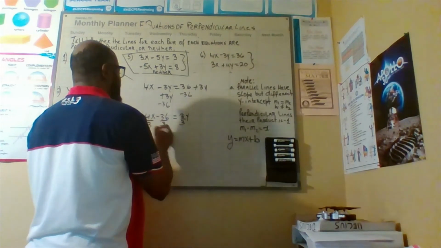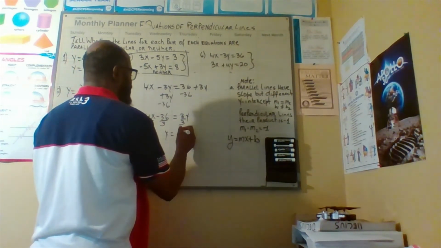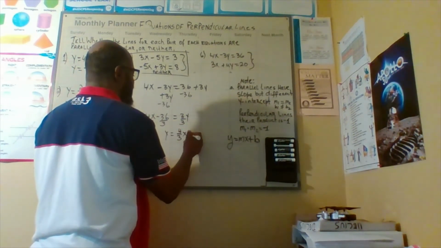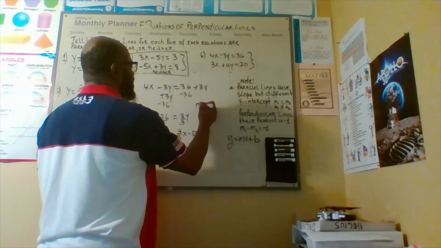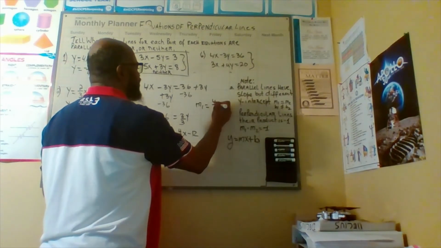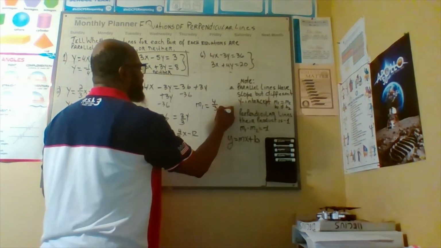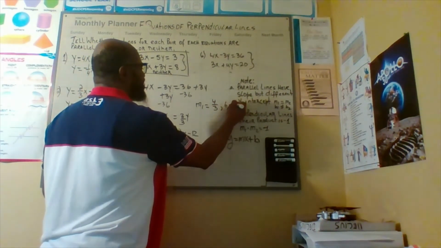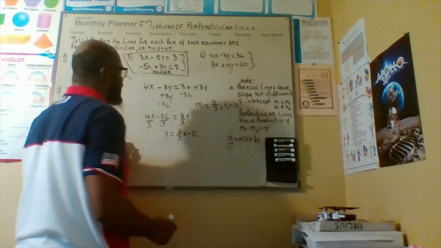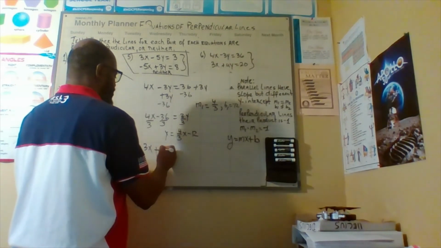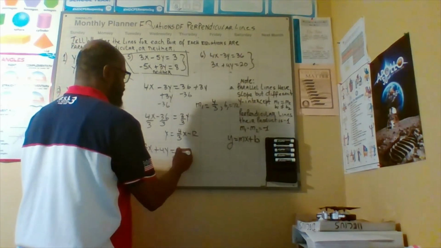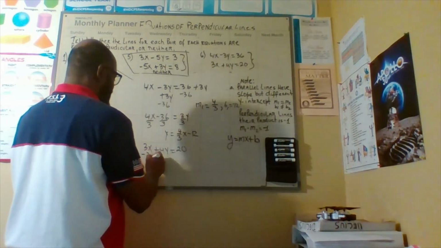Then I will have y equal 4/3x minus 12. So in this case, m1 is 4/3 and b1 is negative 12. The second equation is 3x plus 4y is equal to 20. I'm going to subtract 3x.